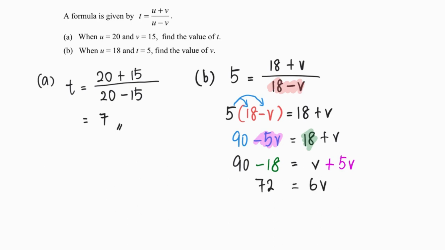And what do you think I should do next? Given that I have this 6. Yep, I'm going to divide by 6 on both sides, so that you can see that 72 over 6 is equals to V. Therefore, final answer, my V is 12.